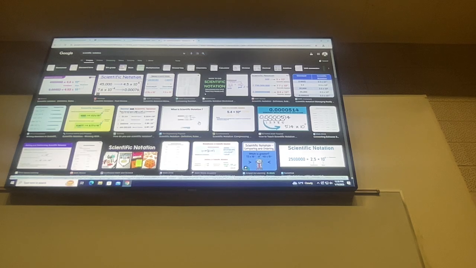A huge number. 6.31 times 10 to the 31 kilograms. 31 zeros. Imagine having to write that number. Okay? So that's a huge number. All right? What about a very, very small number? Anybody?